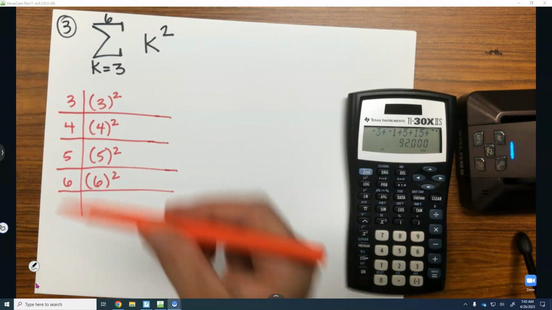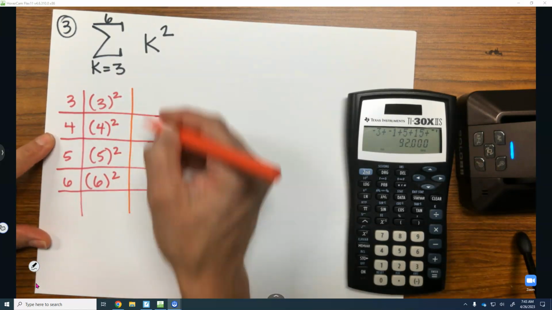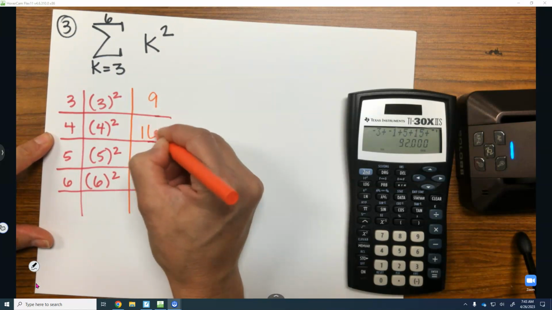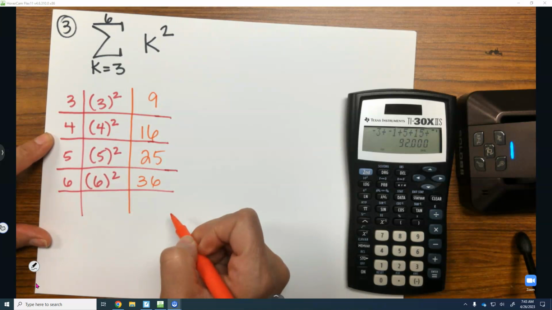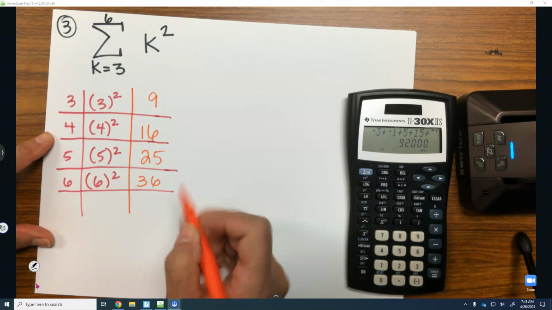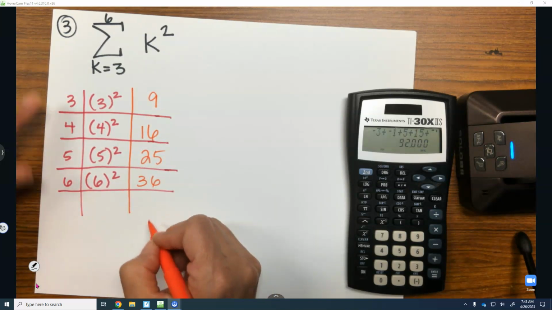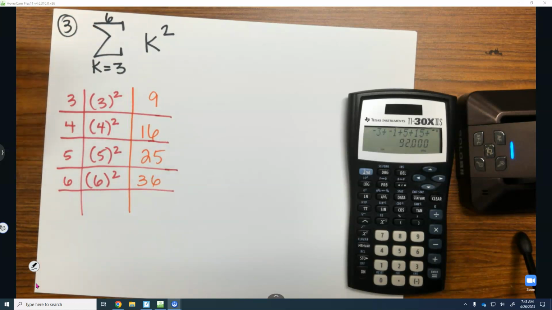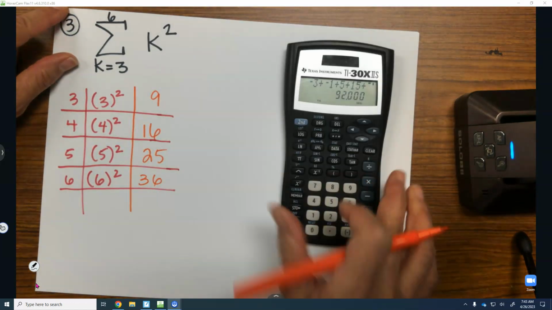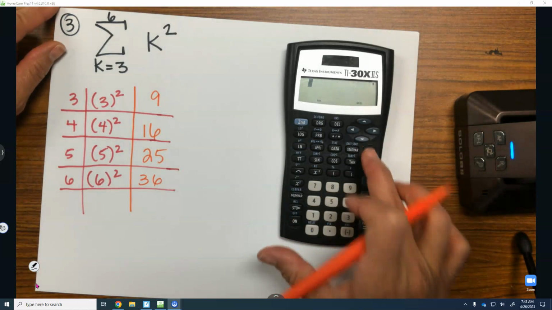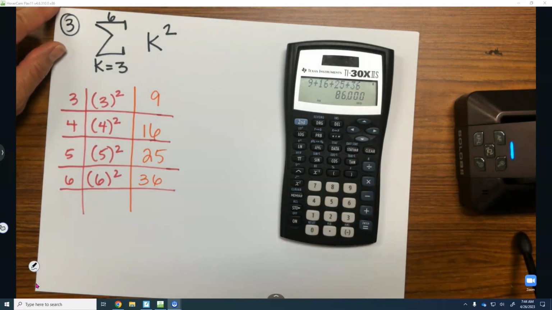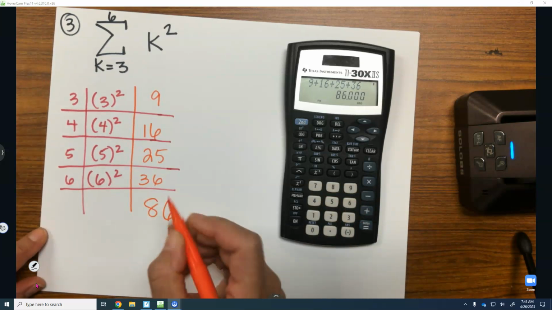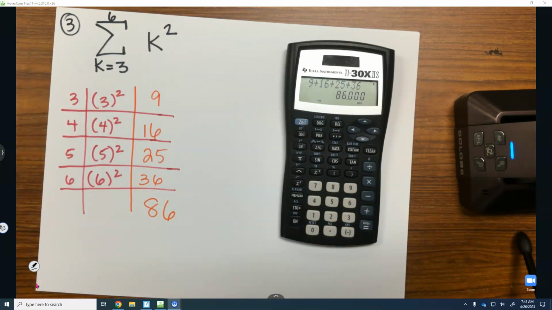All right, so we are going to add up 9, 16, 25, and 36. When we add all of these values, we are going to get our answer, which is going to be the summation of these values. So 9 plus 16 plus 25 plus 36 is going to be a total of 86. I'm sorry, I'm going to fix that.